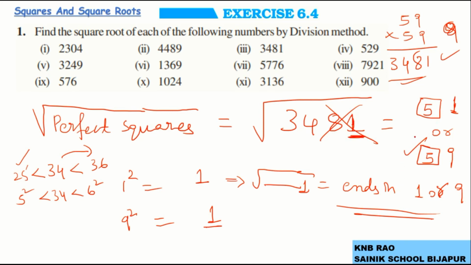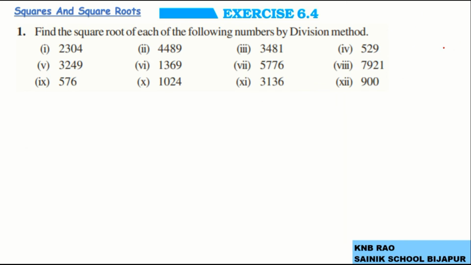Students, I'll explain this shortcut once again with another number. Now if you are finding the square root of a perfect square, it should be a perfect square first of all. Think that here we are given all perfect squares.